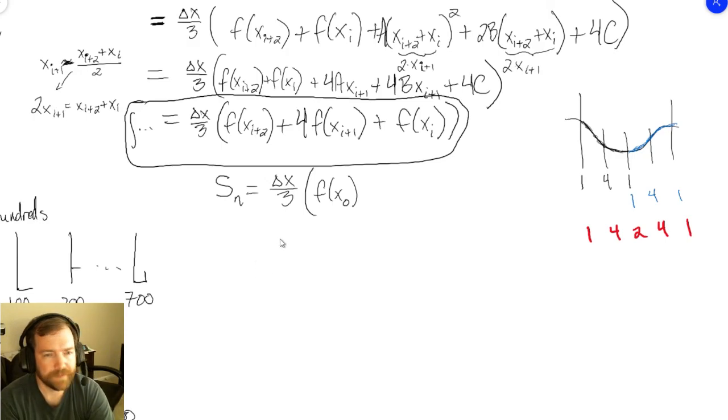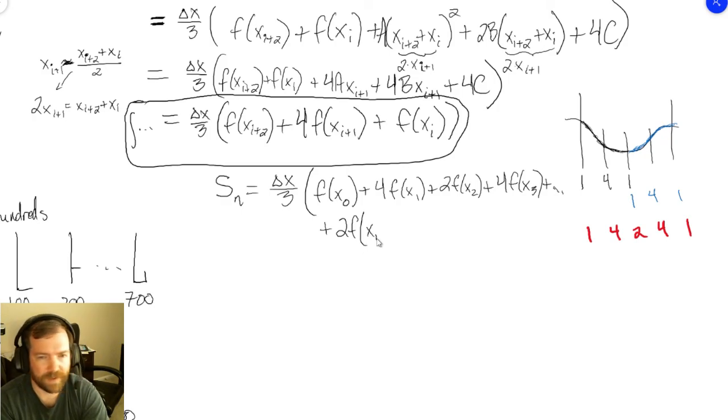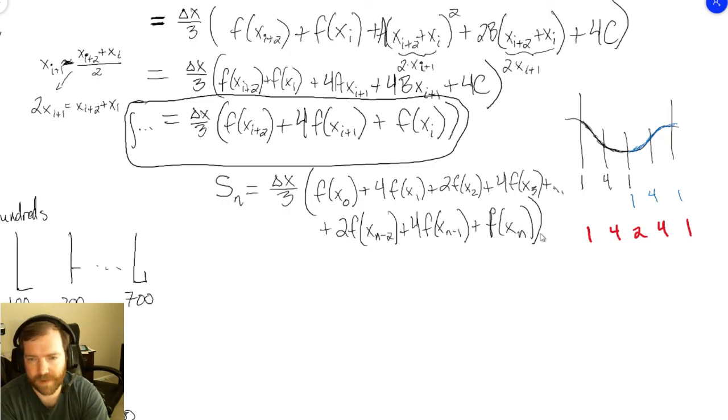But we end up with one of the first function value, f of x sub 0, plus 4 of f of x sub 1, plus 2 of f of x sub 2, plus 4 of f of x sub 3, plus etc., all the way out to 2 of f of x sub n minus 2, plus 4 of f of x sub n minus 1, plus 1 of f of x sub n.